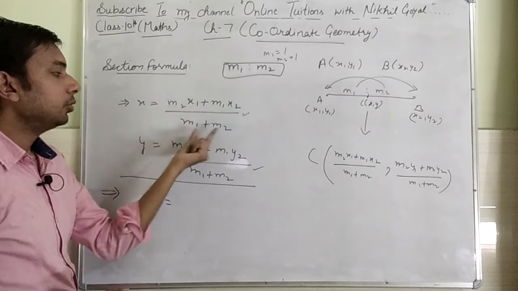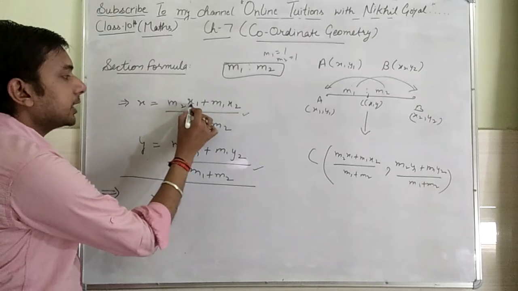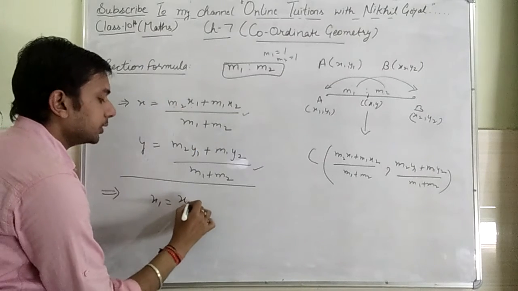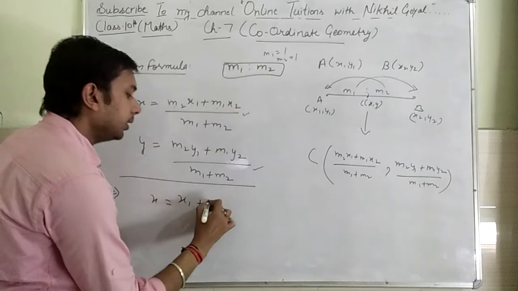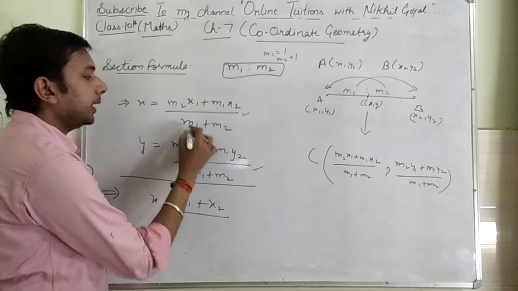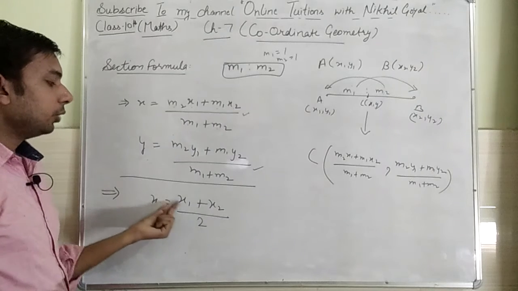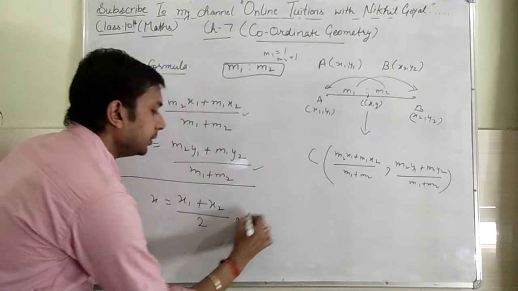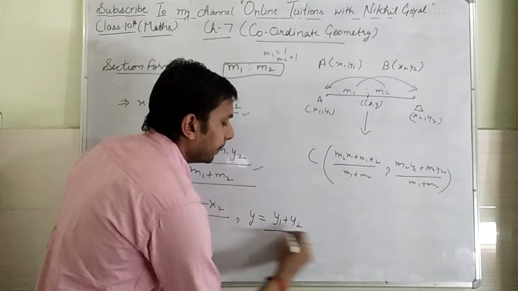Put m1 and m2 equal to 1 in every part. The x part becomes (x1 into 1 plus x2 into 1) divided by (1 plus 1), which is 2. So the x part will be (x1 plus x2) by 2. Similarly, the y part will be (y1 plus y2) by 2.